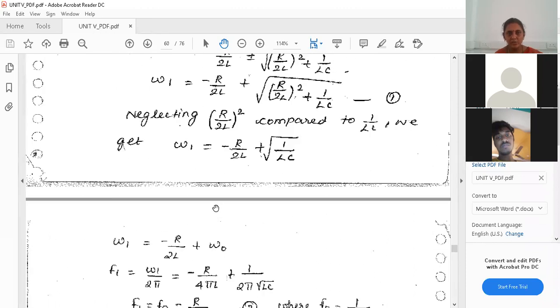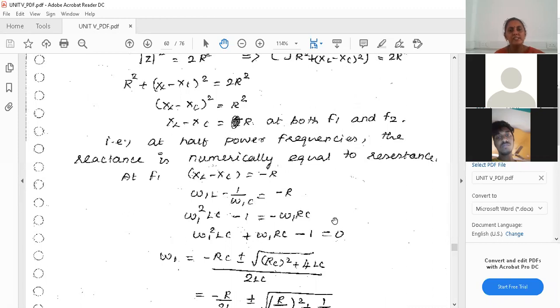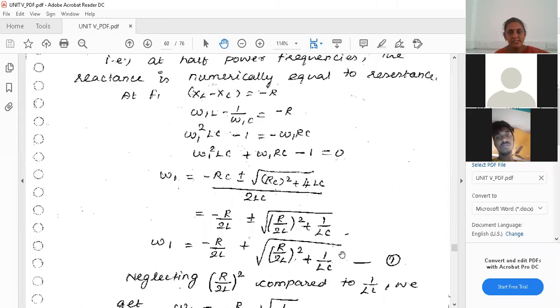Okay. So first for F1, when I'm taking it as minus R, XL minus XC is equal to minus R, right? Now, XL minus XC is equal to minus R means I'm going to simplify and derive a small expression. What is XL at F1?